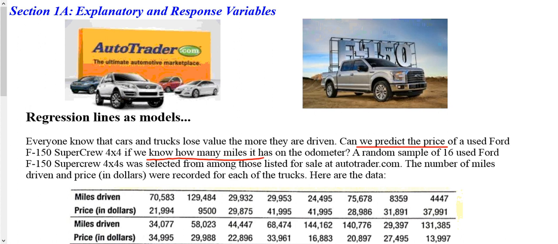So in other words, it's telling us that how many miles on it is the explanatory variable, and if we know that, we can then predict the price. So that's the response variable. So in other words, miles would be the explanatory, and price is the response.